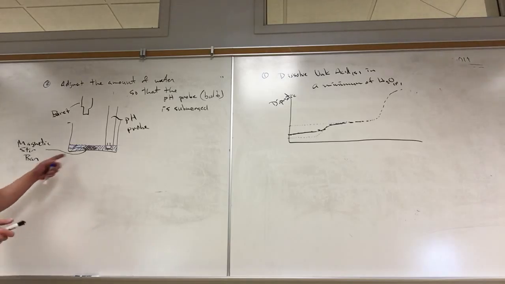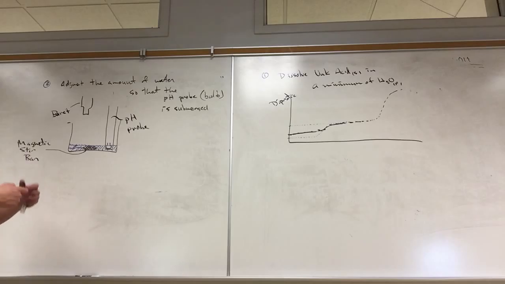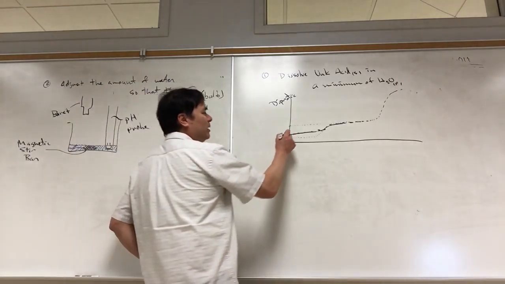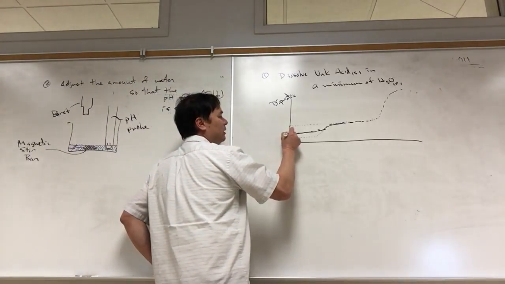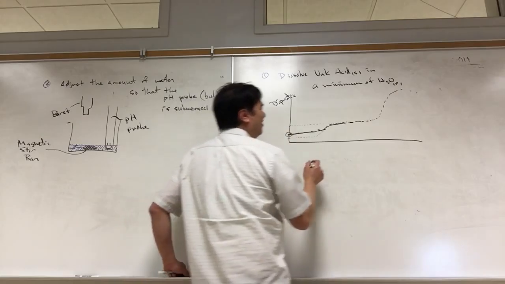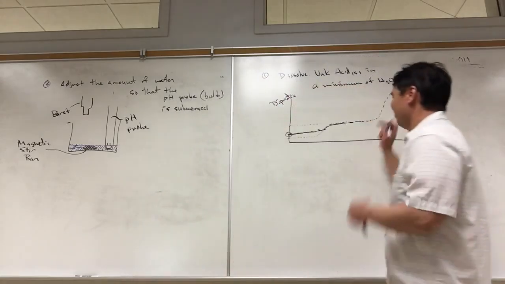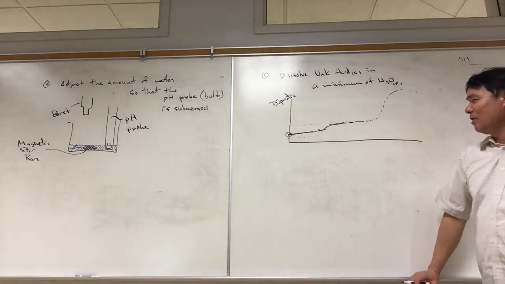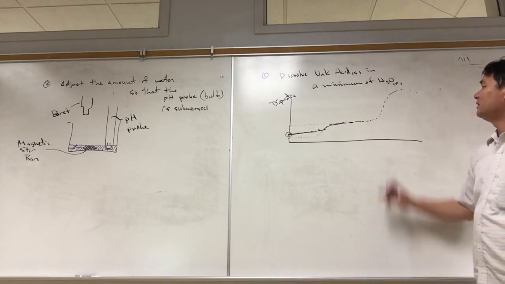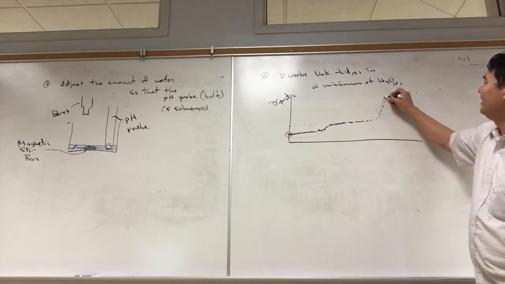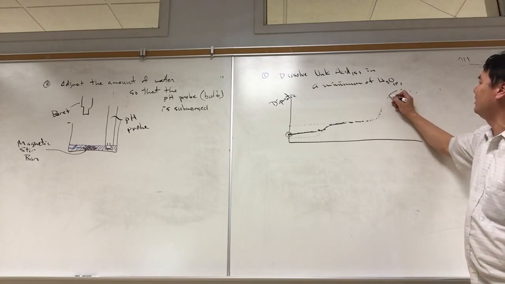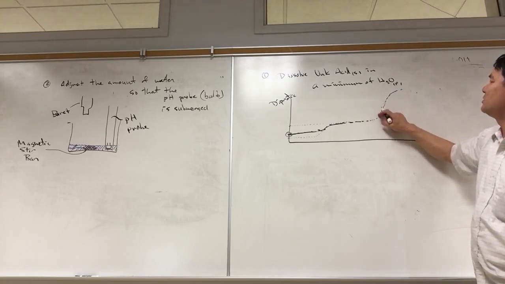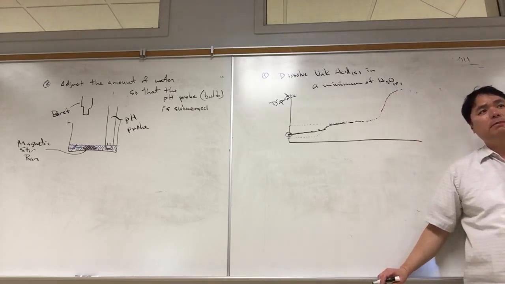Okay, and then once we get everything set up, now we're ready to take our first measurement. Our first measurement will be the initial pH. And then we'll be taking pH readings as we go along. Since these are very steep, we have to take readings drop by drop.